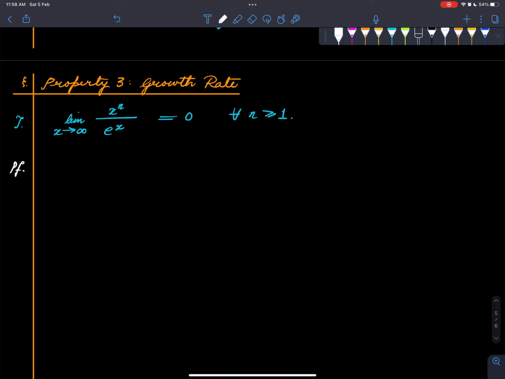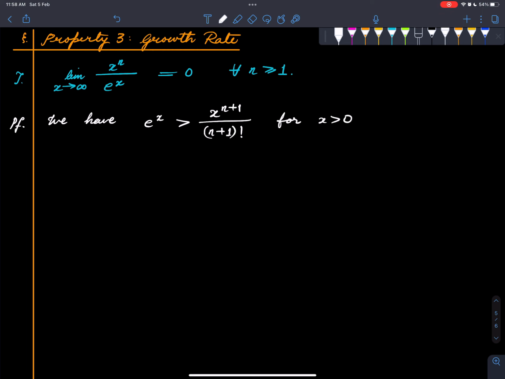And this is very simple. We can use the power series here. We have e to the x is greater than x to the n plus 1 upon n plus 1 factorial for x greater than 0. Because this is one of the terms of the power series, and all terms of the power series are non-negative for non-negative x, and therefore x to the n upon e to the x is less than n plus 1 factorial upon x.